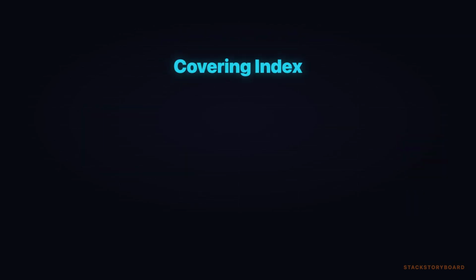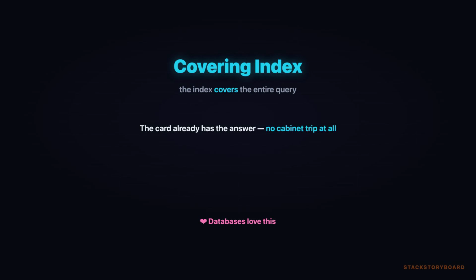That's called a covering index because the index covers the entire query. It's like the index card has Sarah's phone number written on it, so you don't need to open the filing cabinet at all. Databases love this. 0 disk reads, pure RAM speed.